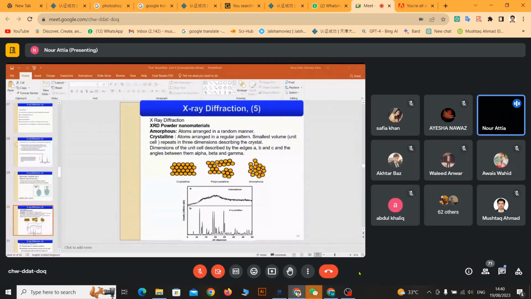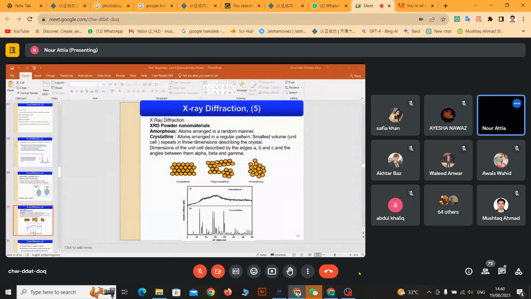I mean, this is complicated actually. It needs one lecture alone, because if you know some of the crystallography of the materials, you can simulate the XRD using some program. So that's why I'm saying it's a big issue. It needs at least one or two lectures to explain in more detail.